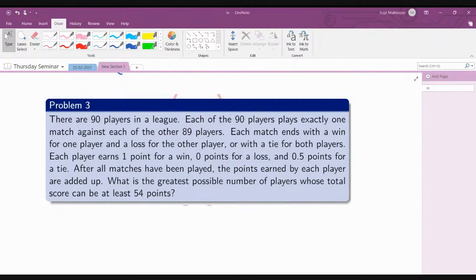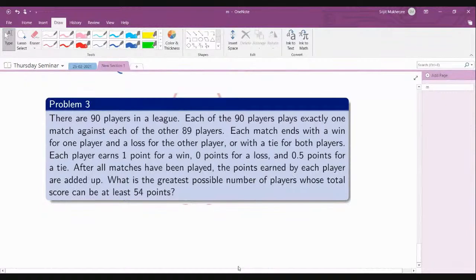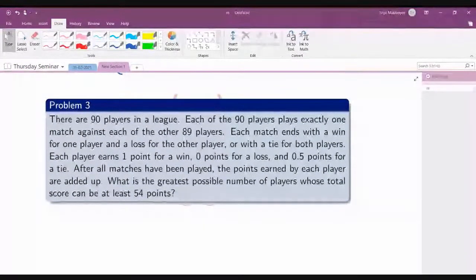There are 90 players. Read the condition. What can the total number of matches played be? Think about it.